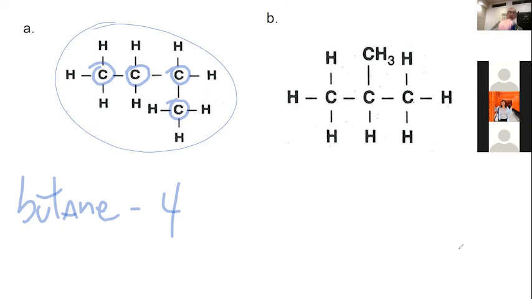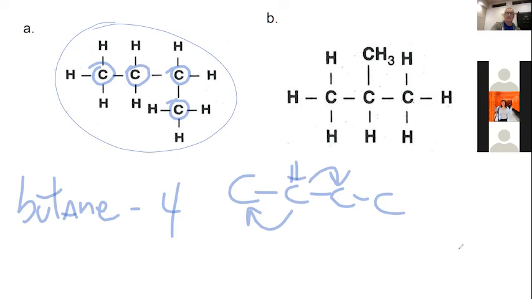So if you drew the Lewis structure of that, you would just have 4 carbons in a row and they would all be saturated. So there's no substitutions. Remember, carbons in the middle of a chain are going to be attached to 2 other carbons, one there and one there, and have hydrogens filling up the rest.